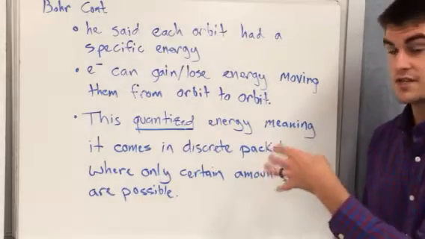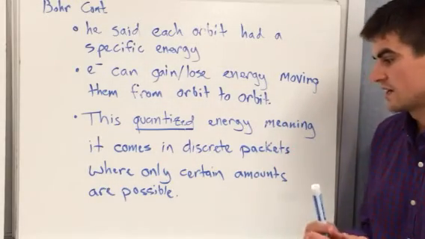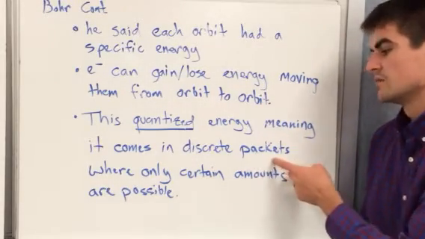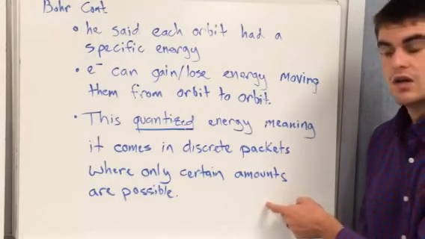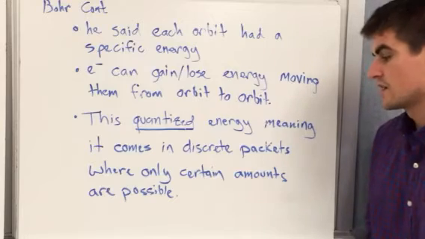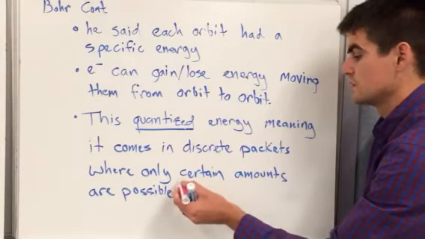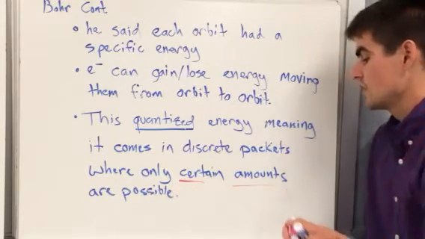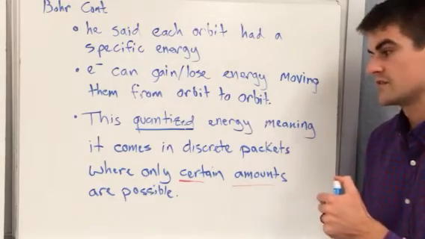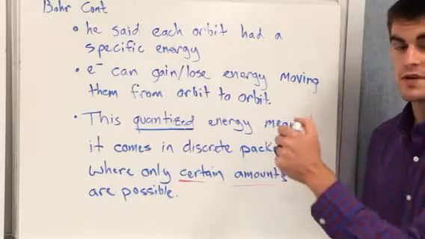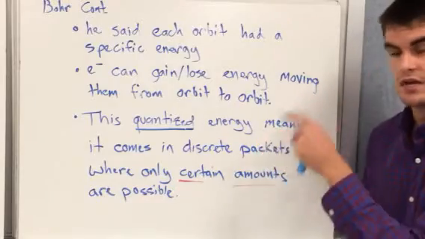In this case we think of energy as a packet, a whole piece together, where only certain amounts are possible. So this means an electron couldn't be anywhere in between. It kind of disappears and reappears right in another ring.